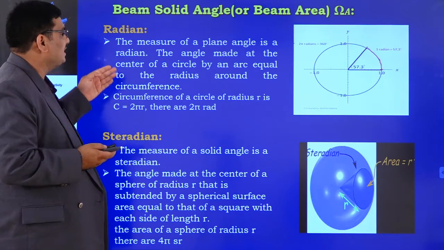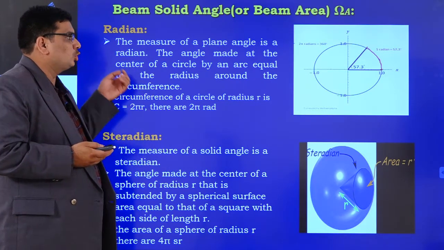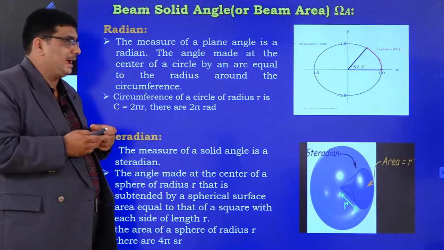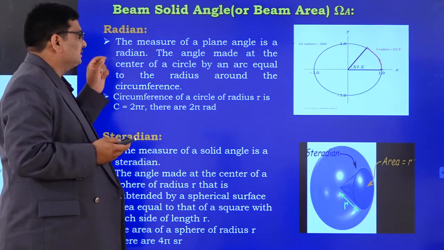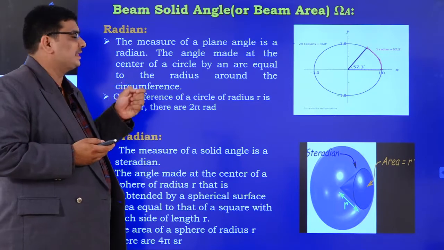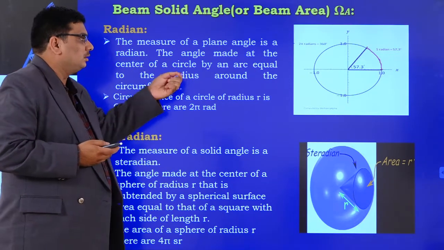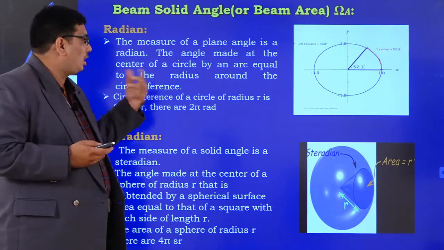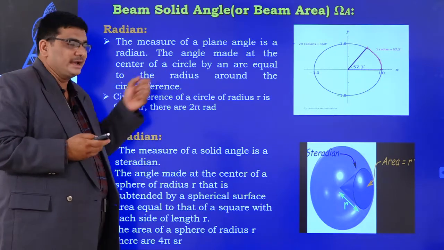How can we define the radian? It is the angle made at the center of a circle of radius r by an arc equal to the radius.